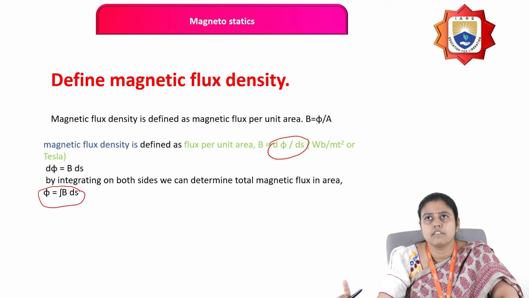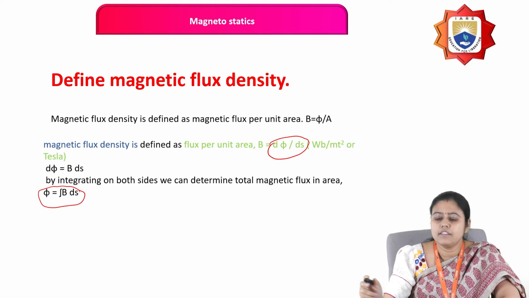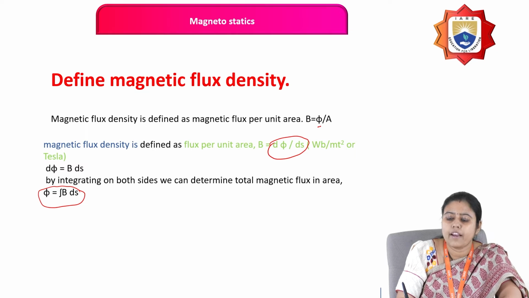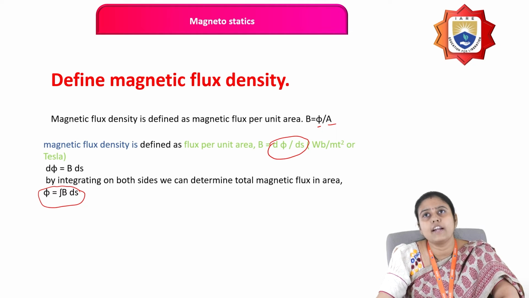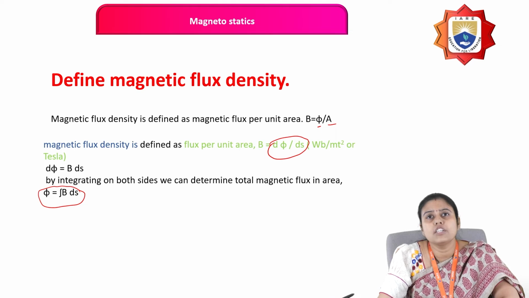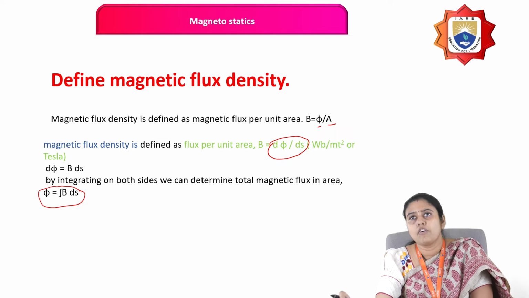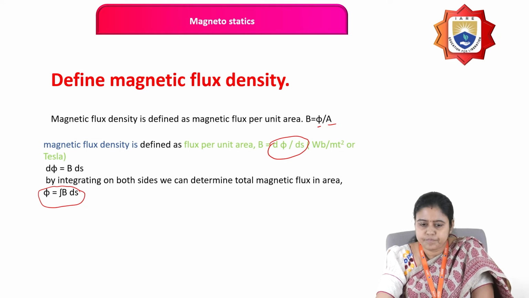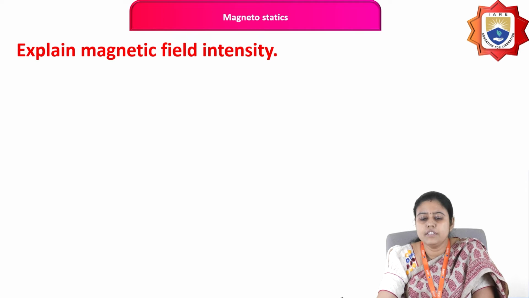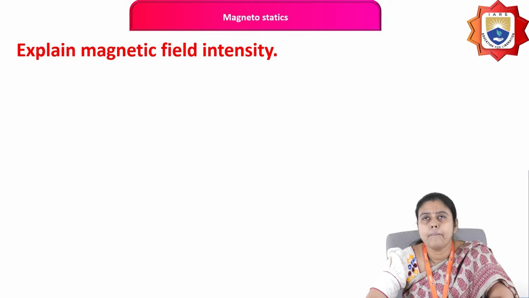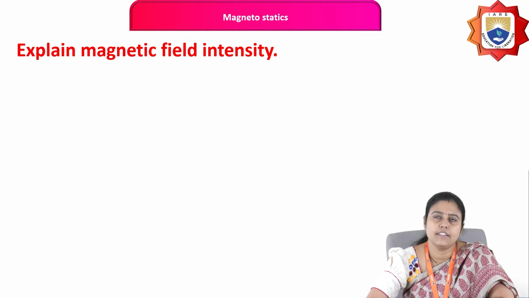The first definition is that magnetic flux density is the ratio of the magnetic flux per cross-sectional area, or we can say the differential change in the magnetic flux to the differential change in the cross-sectional area.